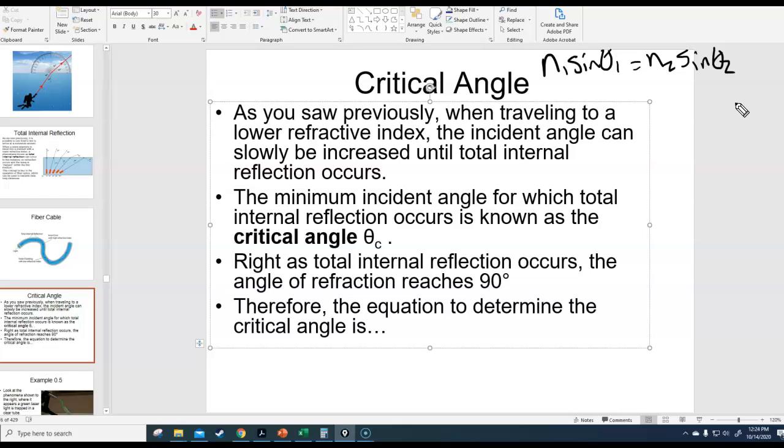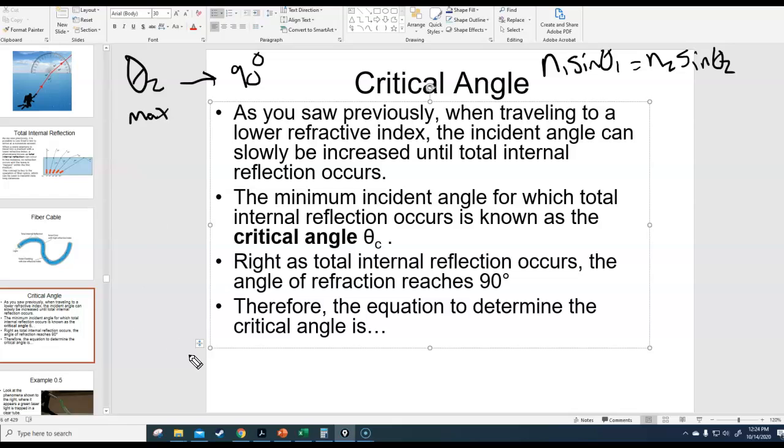It can't go past 90 degrees because that would just be normal reflection. So the maximum value that theta 2 can have is 90 degrees. With that in mind, we can calculate what value of theta 1 would give us theta 2 equal to 90 degrees.